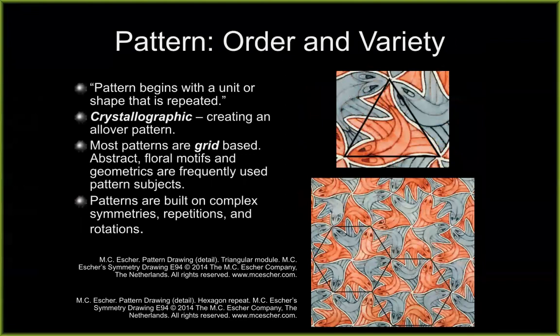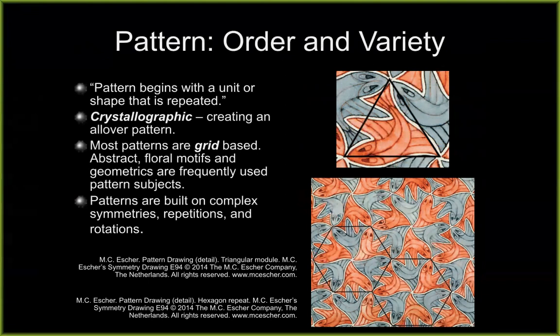Pattern involves having some kind of order, yet incorporating variety into that order. I'd say most patterns that are created are based on some type of grid to give them that sense of order.